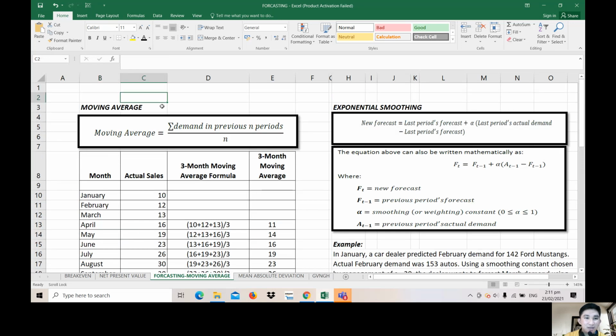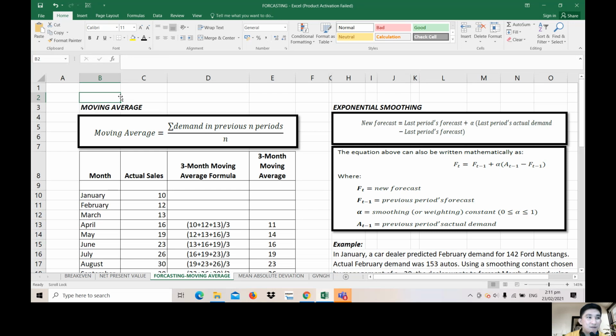Okay? So here, a moving average forecast uses a number of historical actual data values to generate a forecast. Moving averages are useful if our assumption is that market demands will stay fairly steady over time, if there is a constant demand.